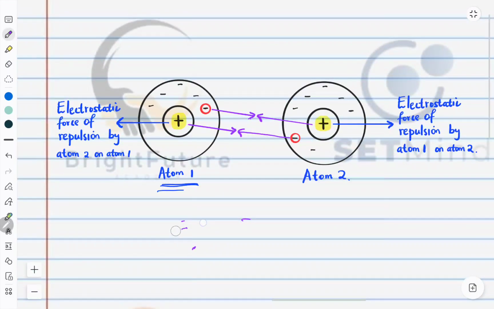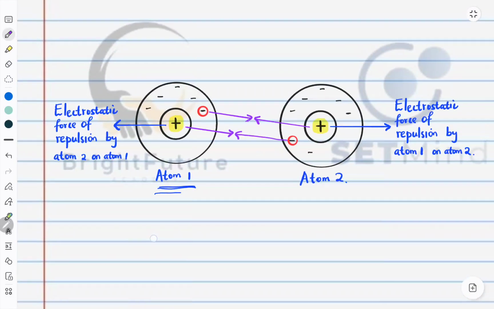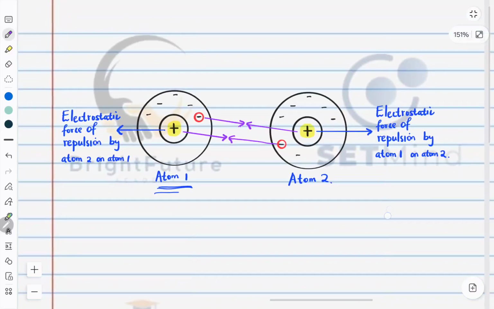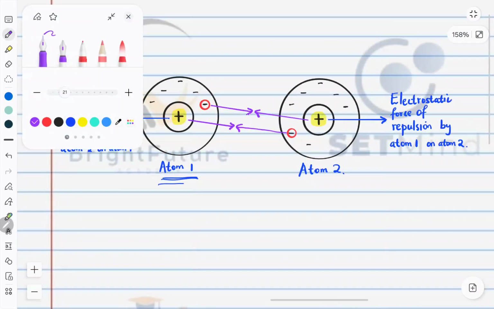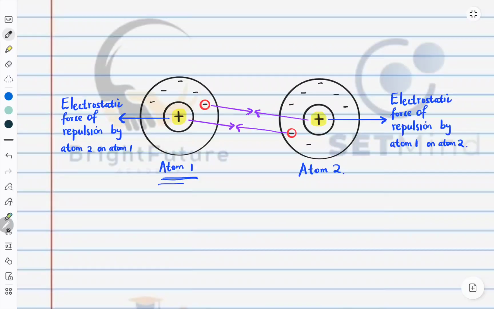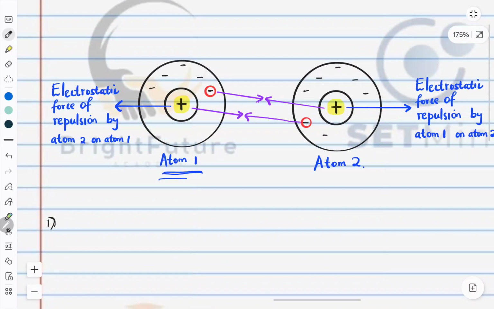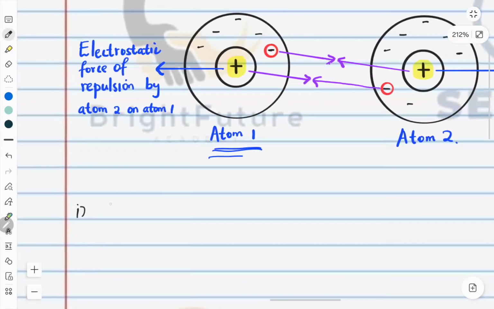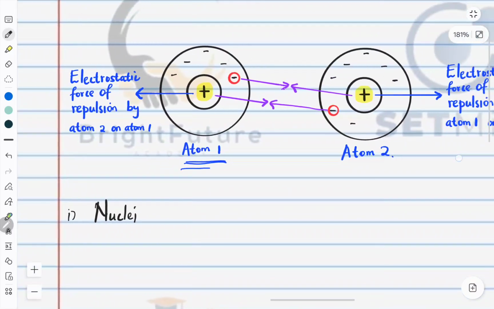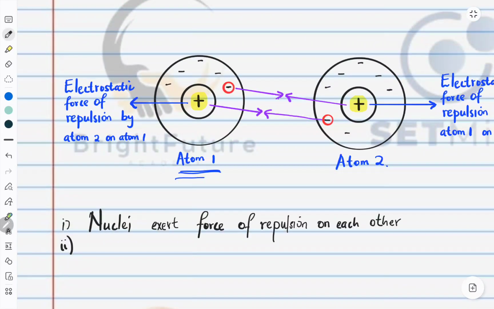So we can even summarize this. That brings us to our first definition, which is chemical bond. But before we get there, just to summarize, we have these two atoms. The nuclei of each atom exert a force of repulsion on one another.